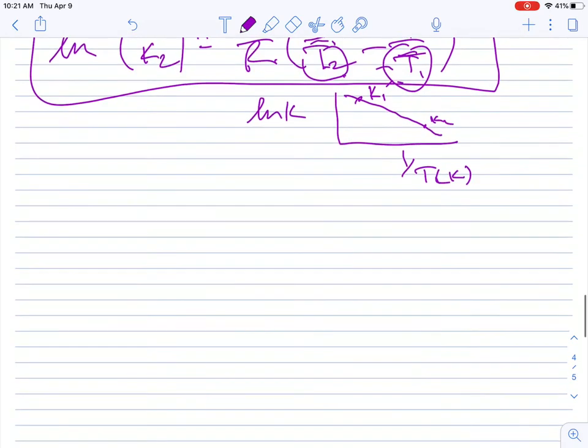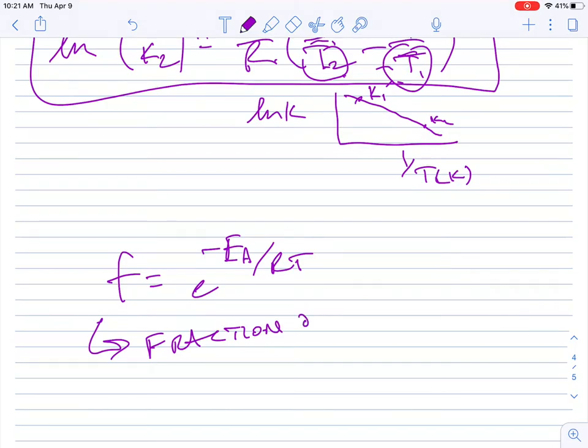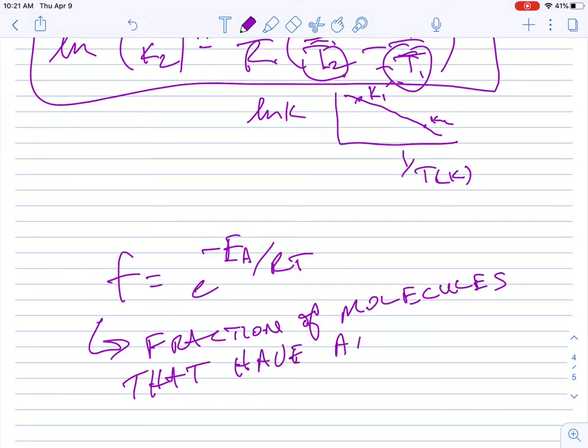Now, here's the last kind of big equation out of this. And that's F equals E to the negative Ea over RT, the fraction of collisions that have an energy above the activation energy.